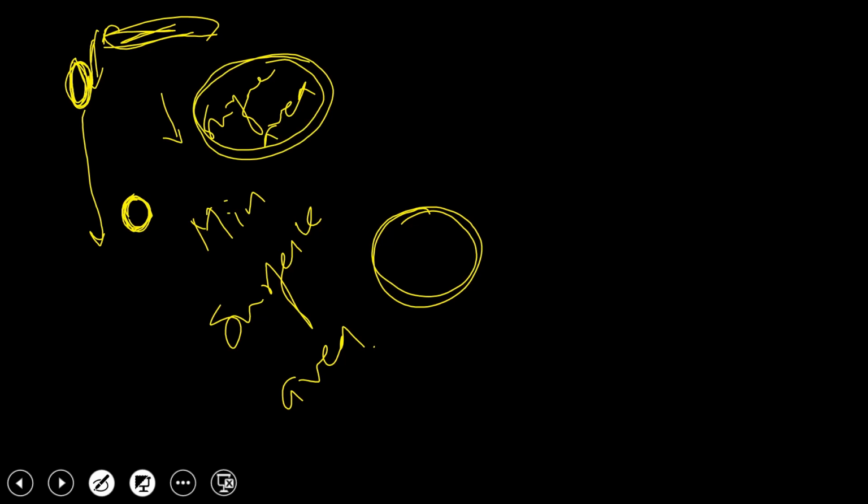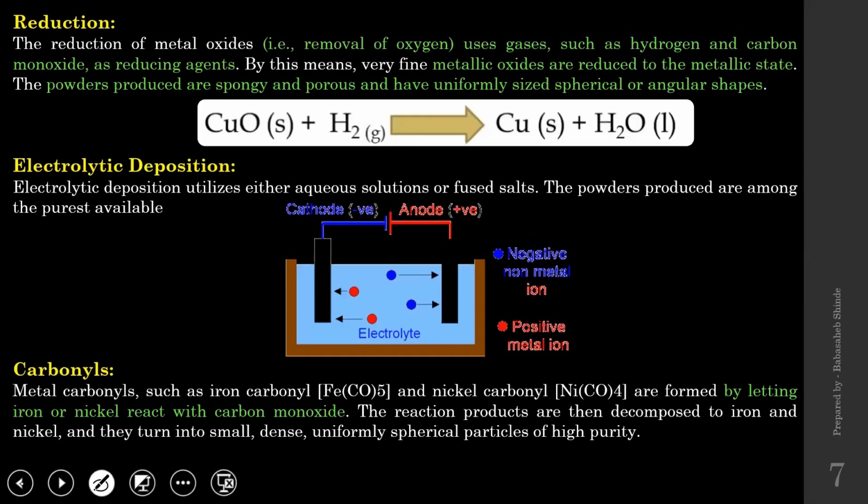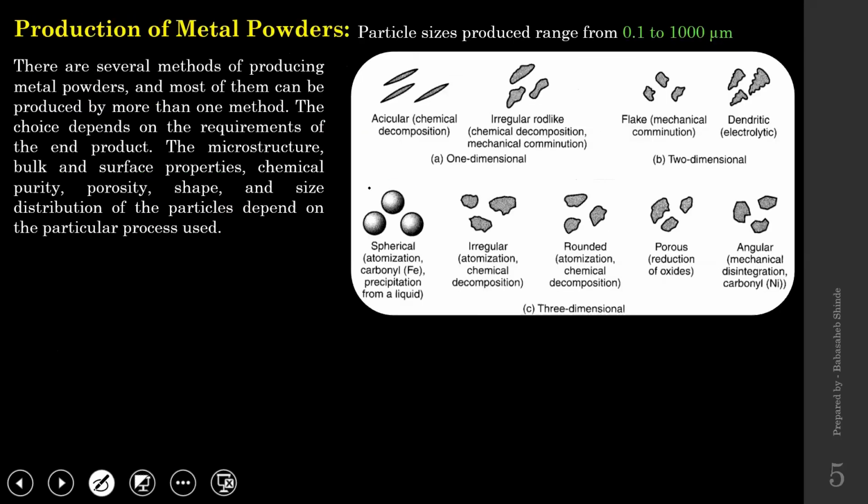and minimum surface area will be possible with a spherical molecule only. So if you take examples of other molecules that we have seen over here, the sphere is going to have the smallest surface area, and compared to the sphere, if you take any other shape of particle, let it be irregular, rounded, dendritic, angular, or any shape, all these shapes are going to have a large surface area compared to the sphere.